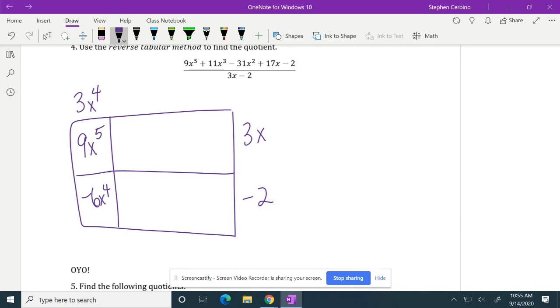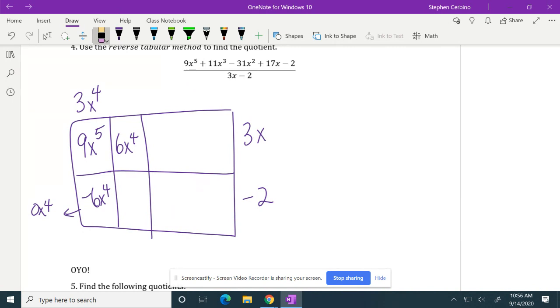How many x to the 4ths do I want? I don't want any. So if I have negative of something and I want to get 0 of that, I want to add 6 to it. Positive and negative, that's going to add up to 0. Because there are no x to the 4ths here. There's a 0 there, so we want to make sure that we have that 0 accounted for.